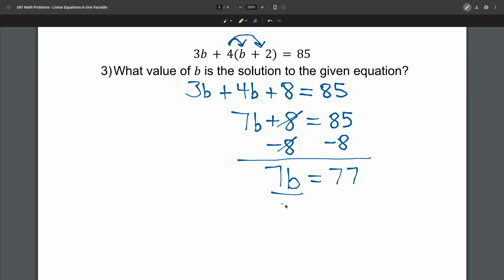We divide both sides by 7, so we can get 1b. Cross those off, and we'll write b equals 77 divided by 7, which is, this answer is also 11. Okay, let's try one more.